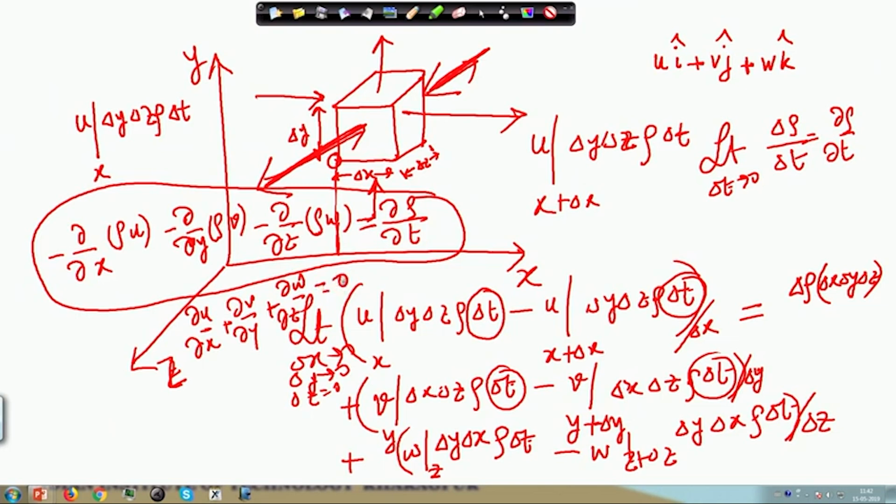So, this is the basic equation of continuity. Any velocity field has to satisfy this; this is called mass continuity, and one has to satisfy this equation.